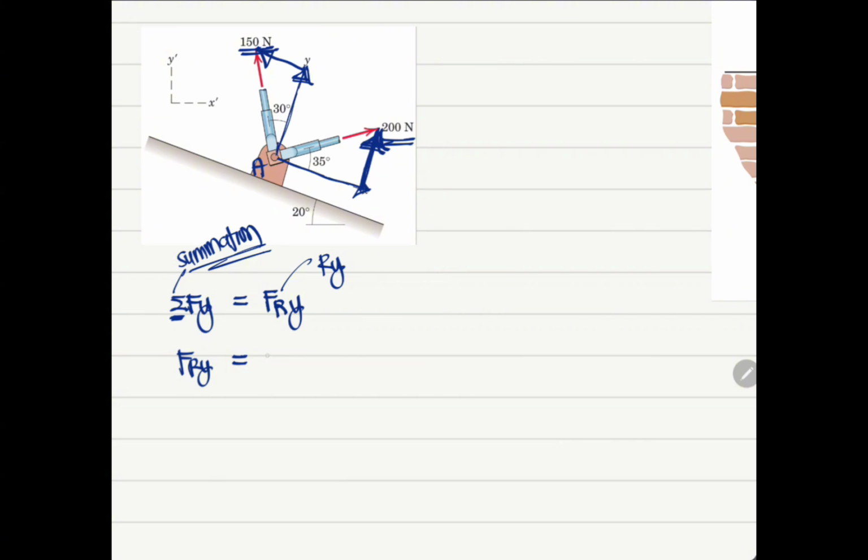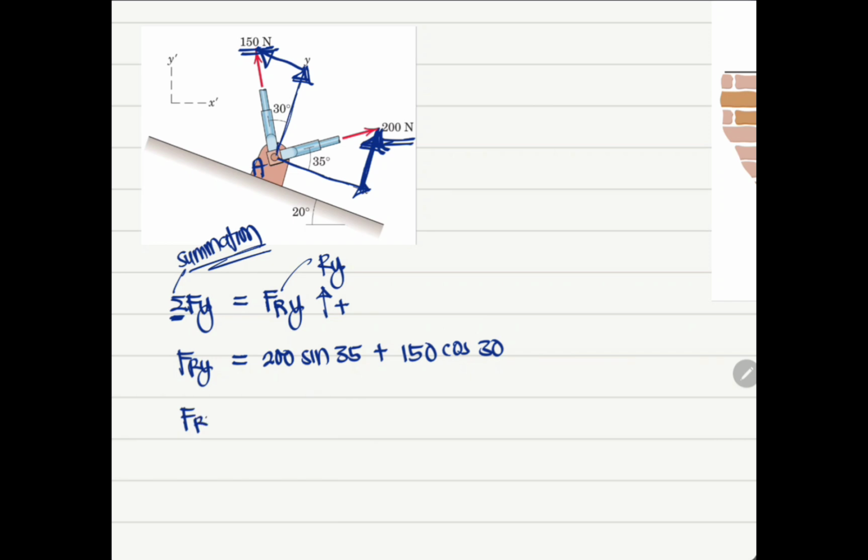This is equivalent to 200 newtons times the side opposite the angle of 35, so sine of 35. It points upward, so it is positive. We assume all forces pointing upward are positive and all forces pointing downward are negative. In this case, both 200 and 150 have upward vertical components. So plus 150, whose vertical component is adjacent to the angle, so cosine of 30 degrees.